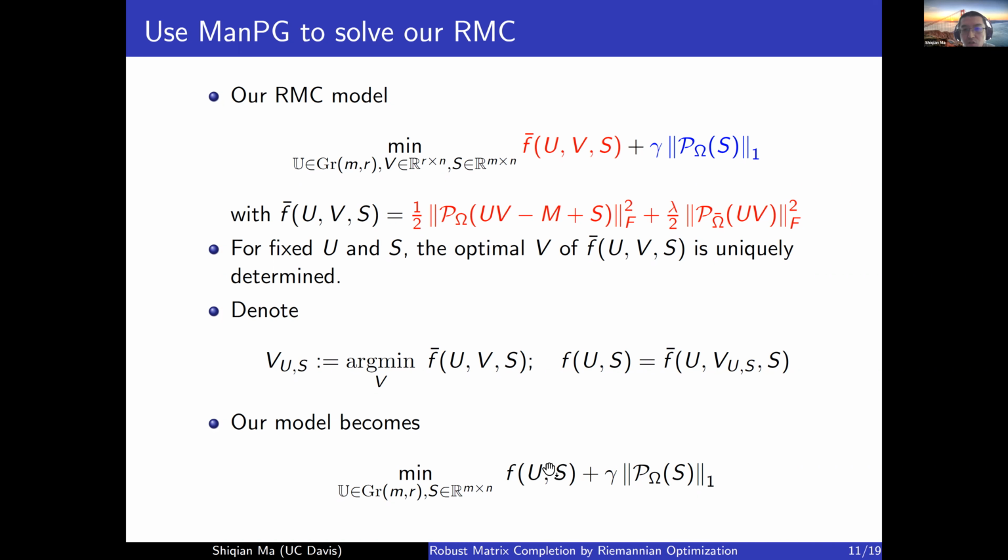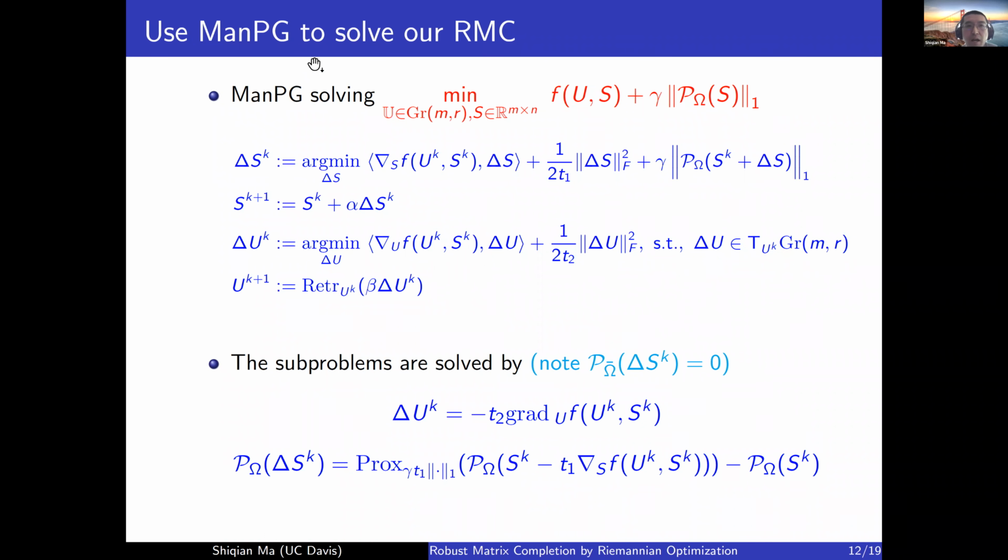So here we have a smooth function of U and S, a non-smooth function of S, and a Grassmann manifold for the variable U. Then very naturally we can apply the ManPG algorithm to solve this problem. Basically, every iteration we linearize this function f.